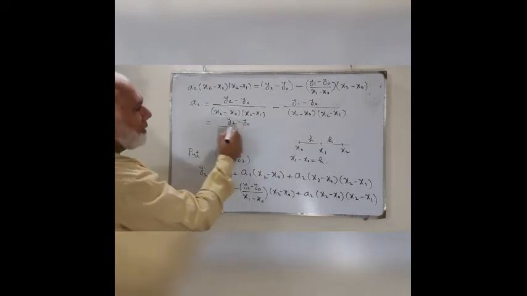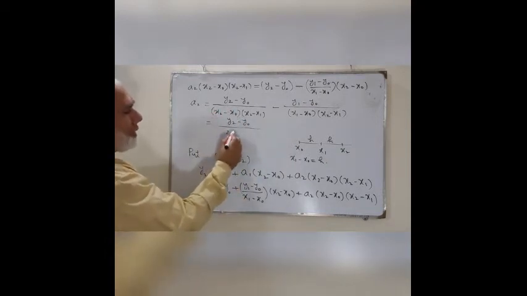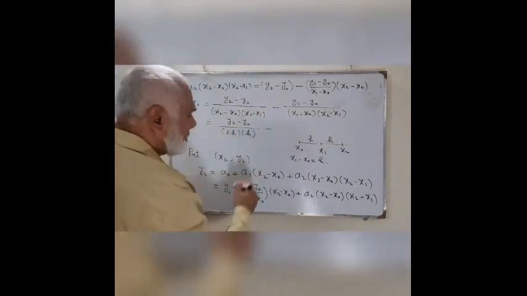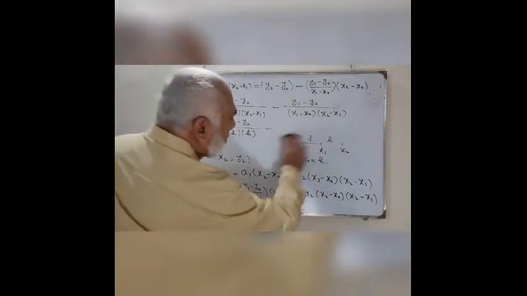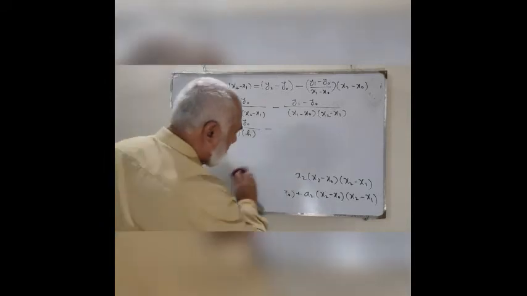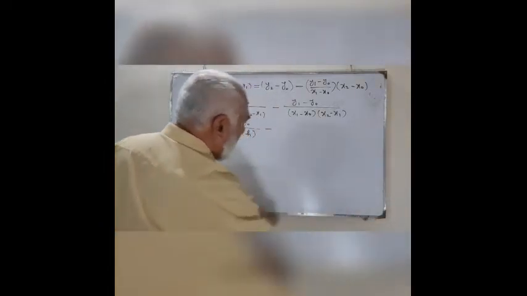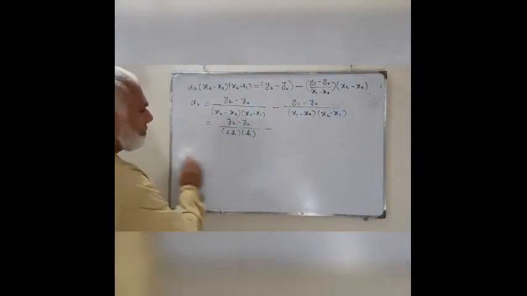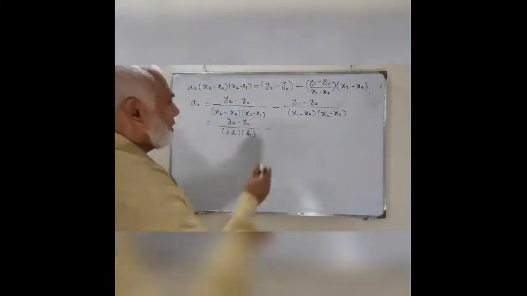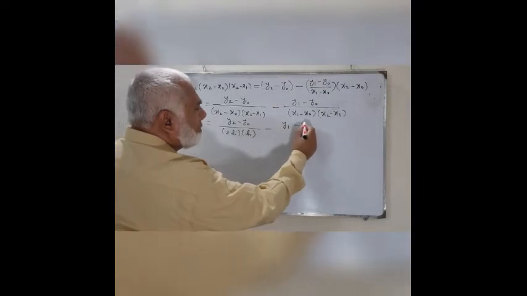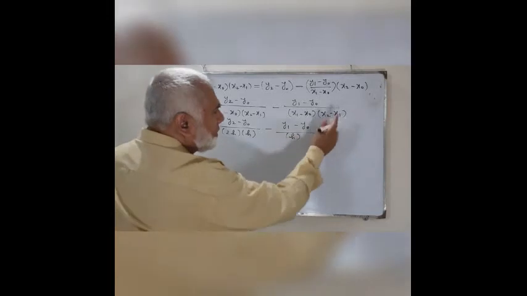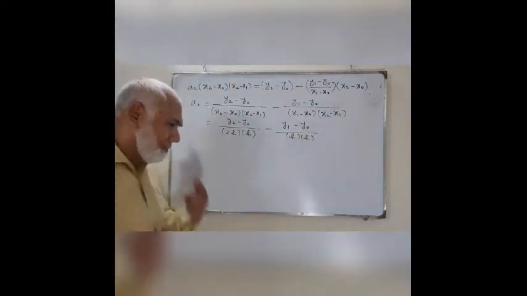So y2 minus y0, this is equal to 2 times h, and this is 1 time h, and minus... let me erase it from here. Okay, now you can see here, on putting the values of h, we can replace it: y1 minus y0, whole divided by h, and this quantity is also equal to h.